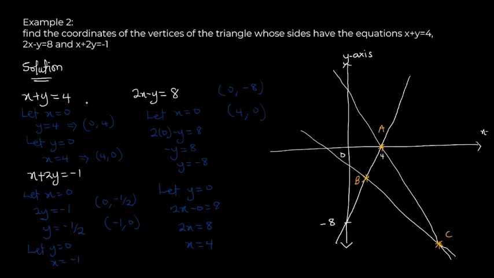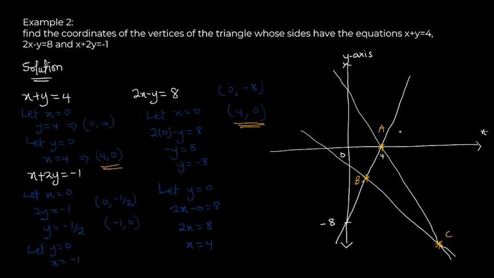Now, if you look at the points that we have, you see that we have a point (4, 0) when we solve the first equation, and then we have another point (4, 0), which is also what we got when we solve this particular equation. This means that 2 of the lines pass through the same point. So that will be one of the vertices, and that place is over here. That is what I'm denoting as A.